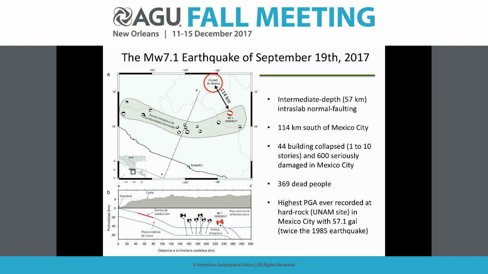It's an intermediate depth earthquake, just 114 kilometers southeast from Mexico City, so it's probably the closest and largest to Mexico City of this kind. And 44 buildings collapsed in the city. More than 360 people died, of which more than 200 in the city.